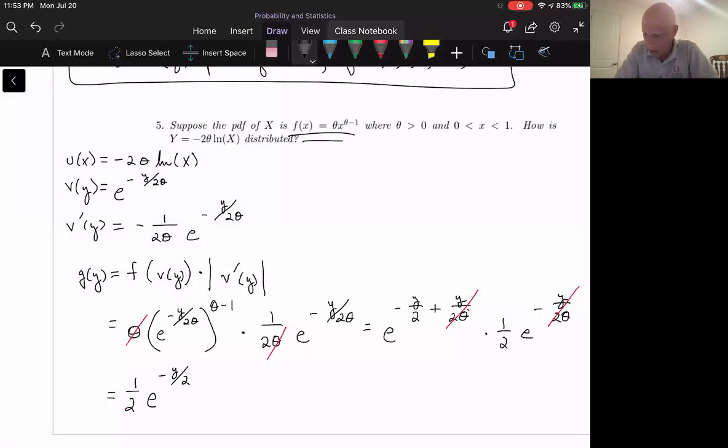So x goes from 0 to 1, that was given, and y equals negative 2 theta log x. And so as x goes towards 0, because the natural log function doesn't actually exist at 0, but as you go closer and closer to 0, does anyone know what the natural log function is approaching?